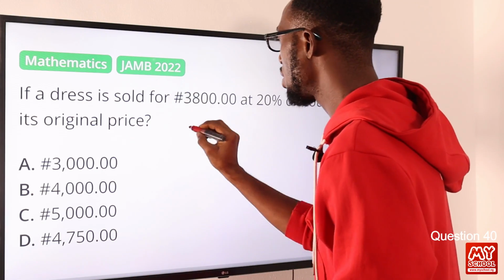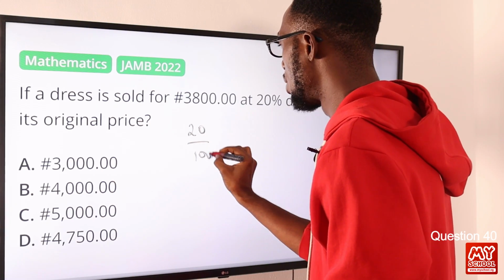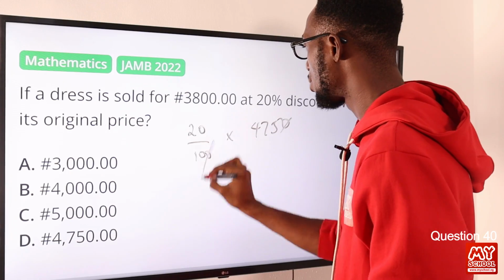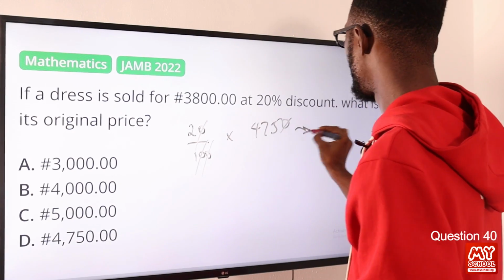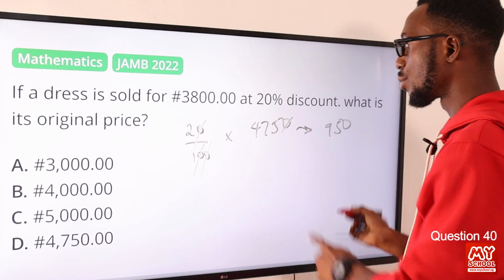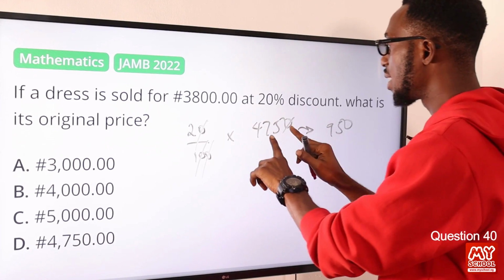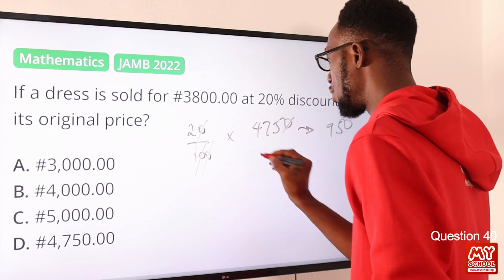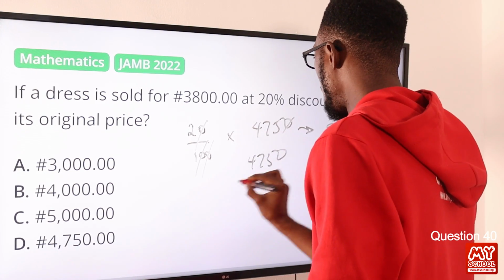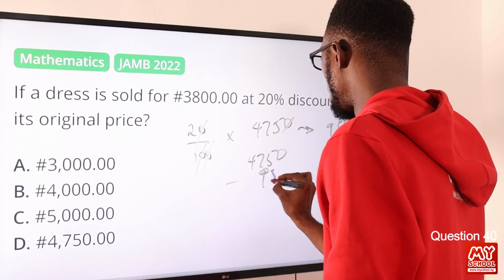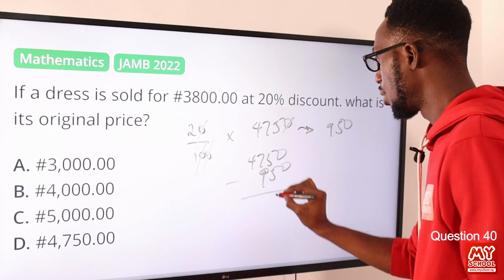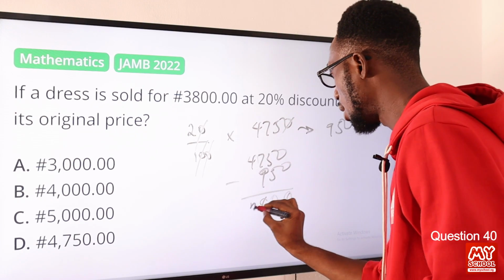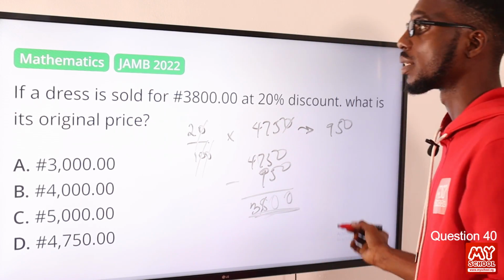So there's a 20% discount. 20% of 4,750, 0 cancel 0, 0 cancel 0, this should give me 950. So 950 was actually deducted from the original price of the item, which is 4,750. So 4,750 minus 950, when we lift 1 here, that will be 3,800.